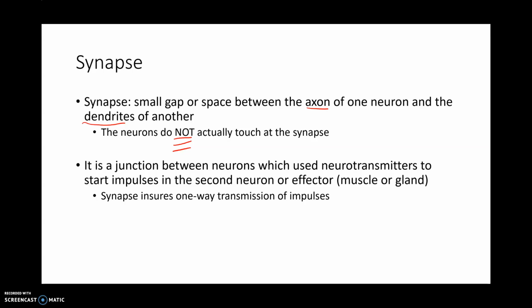So this junction between these two neurons use what we call neurotransmitters, which should be another familiar idea, to start our impulses in the second neuron or effector, which can be our muscles or our glands, which we saw again in our neuromuscular junction. And it ensures that there's only one-way transmission. So we're only going to get that synapse between our axon to our dendrites. We're not going to see it the other way around.